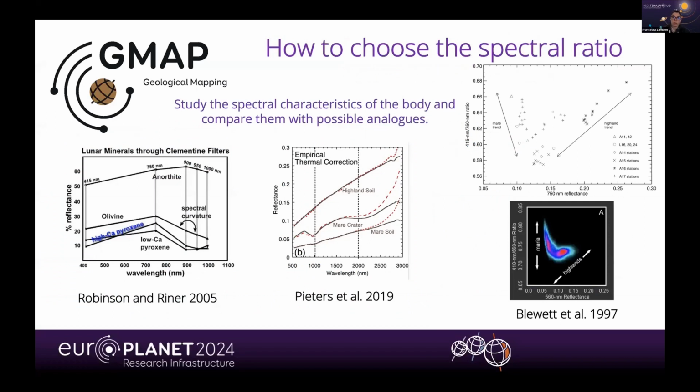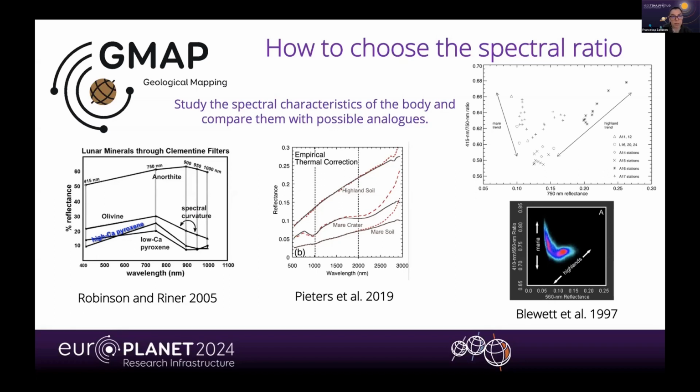But why do we choose these ratios, and how do we choose the spectral ratio? First of all, we need to have an idea of the mineralogy of the body we are studying, and also consider the analogs of these bodies. In the case of the moon, I show on the left a plot with some lunar analogs sampled for the Clementine filters.